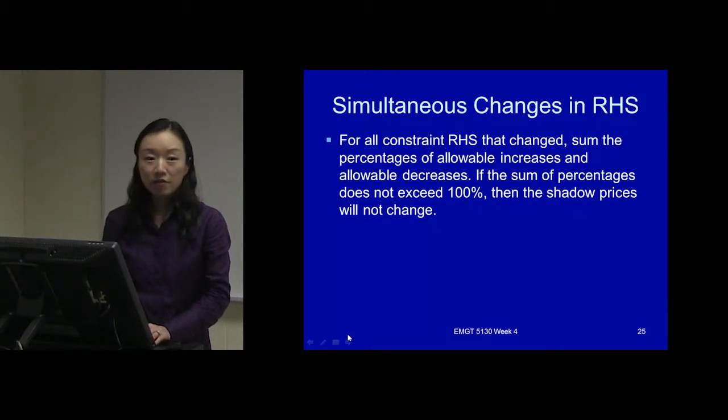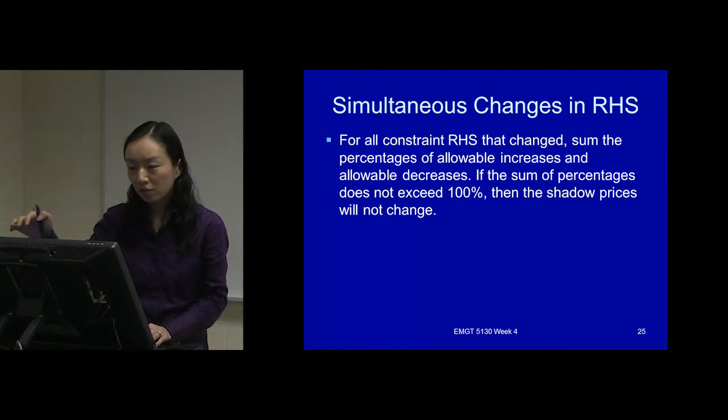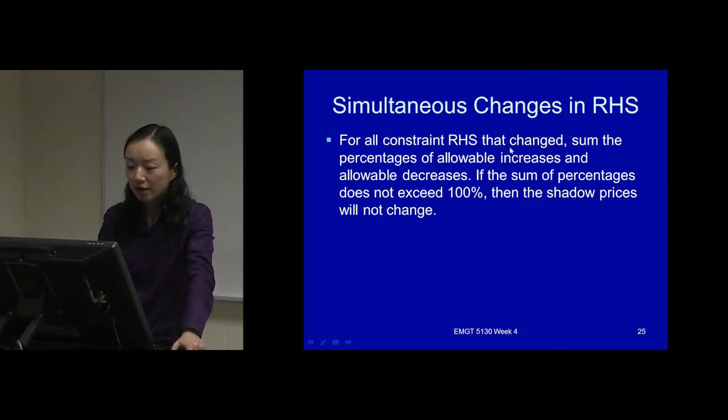Then, again, for simultaneous changes in the right-hand side, remember when we said the shadow price holds only when you change one of them, while the other coefficients remain the same. For all constraint right-hand sides that changed, sum the percentage of the allowable increase and allowable decrease. If the sum of the percentages does not exceed 100%, then we know the shadow price will not change.